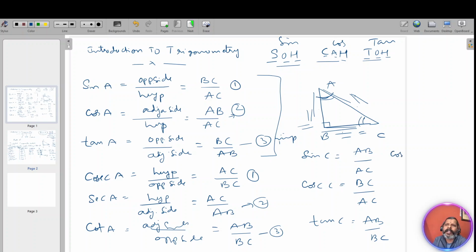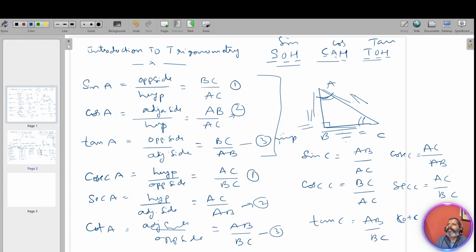Similarly, cosecant C is nothing but hypotenuse by opposite, that is AC by AB. Secant C is nothing but hypotenuse by adjacent, that is AC by BC. Cot C is nothing but adjacent by opposite, that is BC by AB.